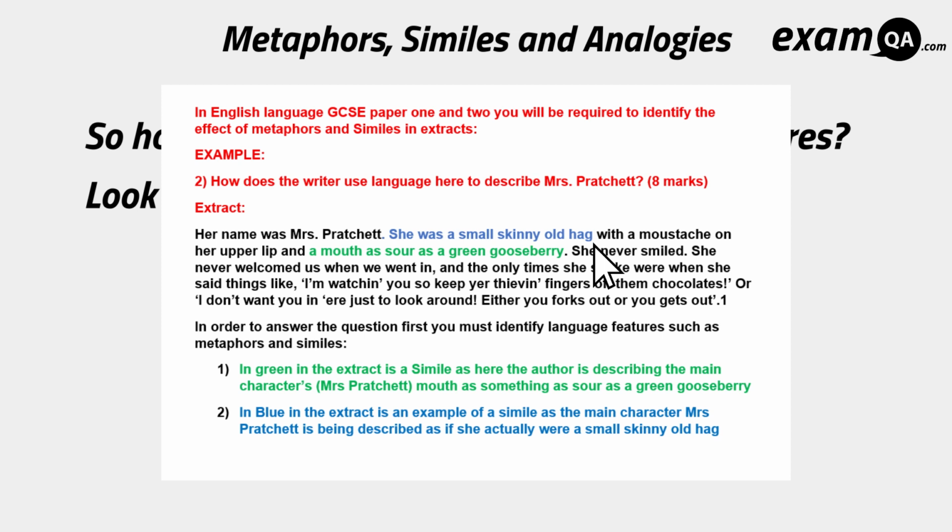Here, the main character is being described directly as if she were a hag, hence it is clearly a metaphor. A simile is also present as the character's mouth is being described to be as sour as something else. That something else is a green gooseberry, hence that line, her mouth was as sour as a green gooseberry, is a simile.